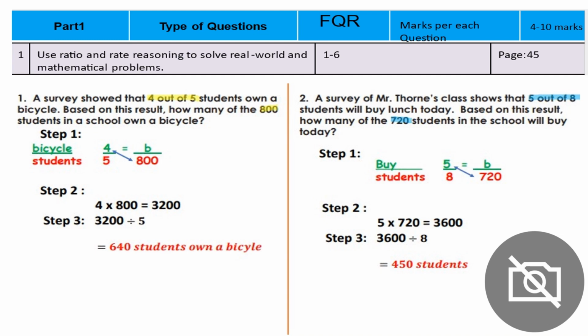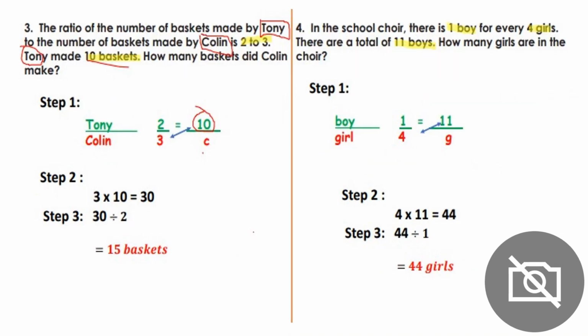So those are the first two questions which they have given you, and you see here this is also the same way. There are two values, 2 and 3, and 10 and unknown. So when you multiply 3 times 10 divided by 2, 3 times 10 is 30, divided by 2 you will get 15. This is also the same way, read the question and try to find out the answer.